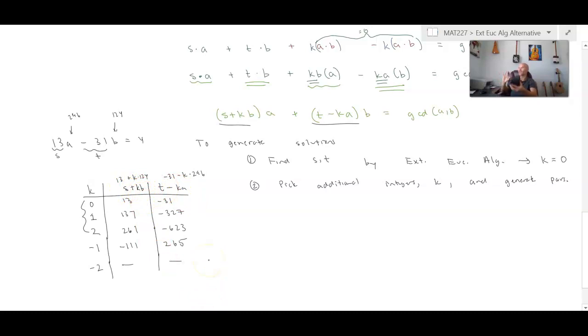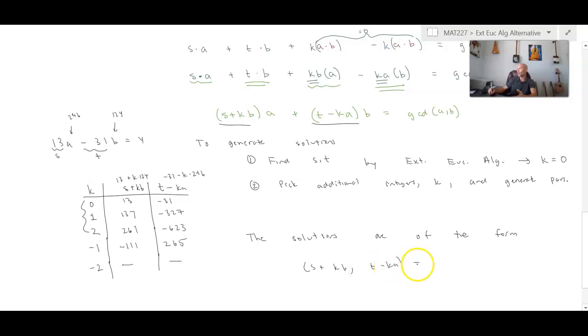So not only do we have control over those infinitely many solutions, but we can say the solutions are of the form S plus KB and T minus KA.